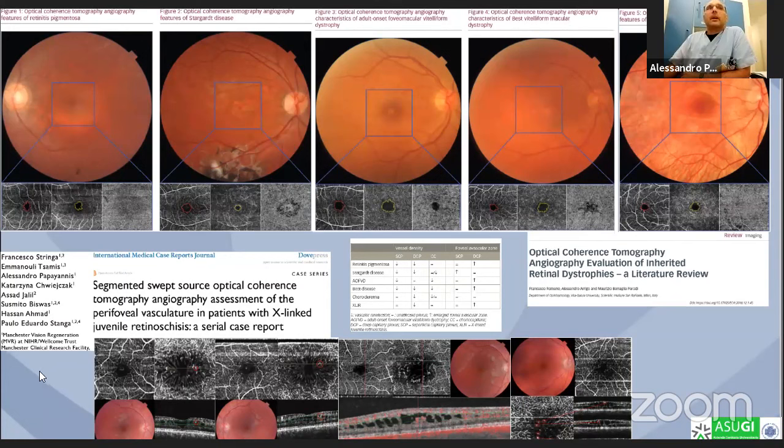This is an article published by Maurizio Battaglia Parodi et al. We published it as an article on X-linked retinoschisis, where we found these microvascular alterations in the intermediate layers of the retina, associated with this typical alteration also of the foveal vascular zone and of the B-scan angio-OCT.